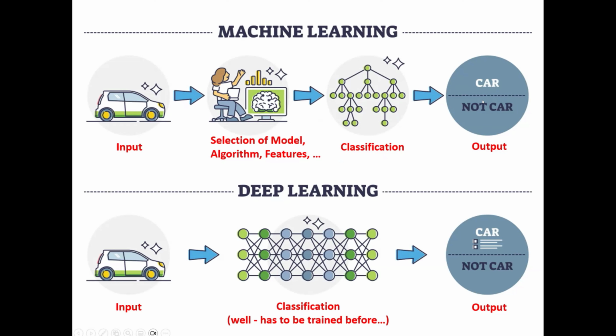Deep learning gives you the same result at the end, and it uses the same input, but it does not need this selection of model, algorithm, features kind of stuff, because it's always the same. Sure, in the deep learning world, you might need to specify whether you have here, this is 1, 2, 3, 4, 5, 6, 7 so-called layers, or 6 layers, or 2,000 layers.